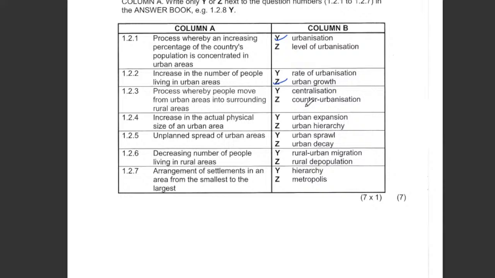Okay. Look at the next option, 1.23. The process whereby people move from urban areas, we're looking at urban, into the surrounding rural area. Therefore, the best option for that is counter urbanization.